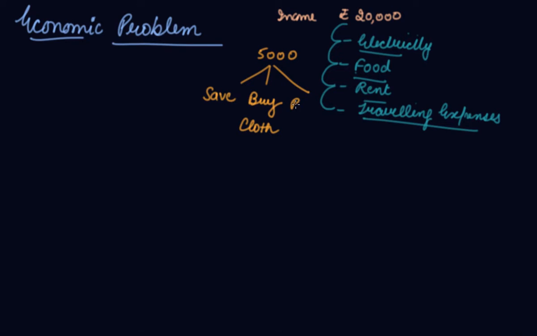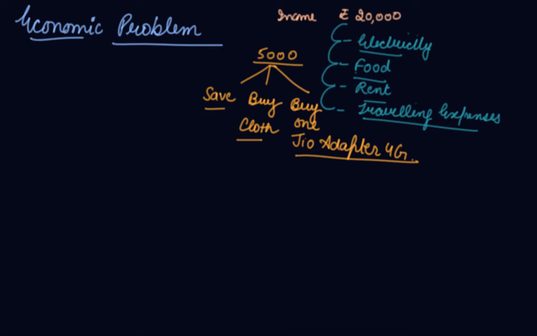You have to buy one, like what you can buy within 5,000. You can say you have to buy one Geo phone adapter 4G. See now, how will you allocate your 5,000?